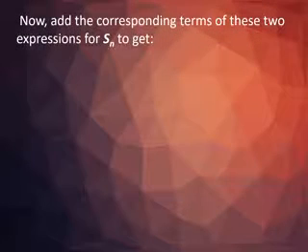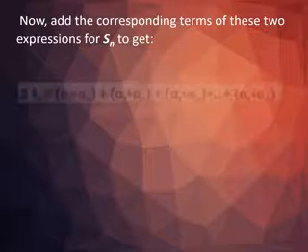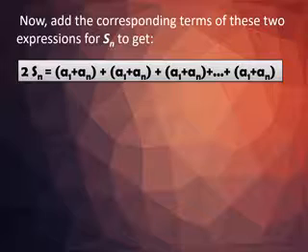Now, add the corresponding terms of these two expressions for S sub n to get 2S sub n is equal to a sub 1 plus a sub n, plus a sub 1 plus a sub n, plus a sub 1 plus a sub n, and so on, plus a sub 1 plus a sub n.